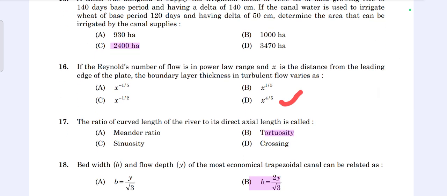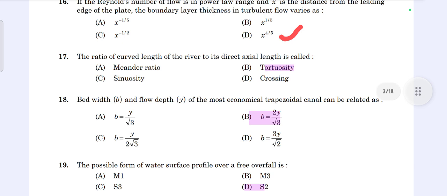If the Reynolds number of the flow is in power law range and x is the distance from the leading edge of the plate, the boundary layer thickness in turbulent flow varies as x raised to 4/5. The ratio of curved length of the river to its direct axial length is called tortuosity.